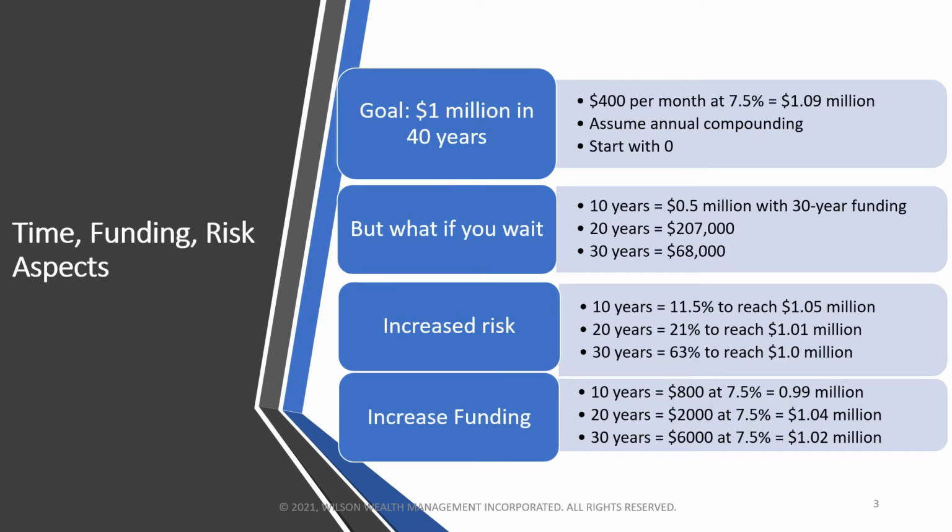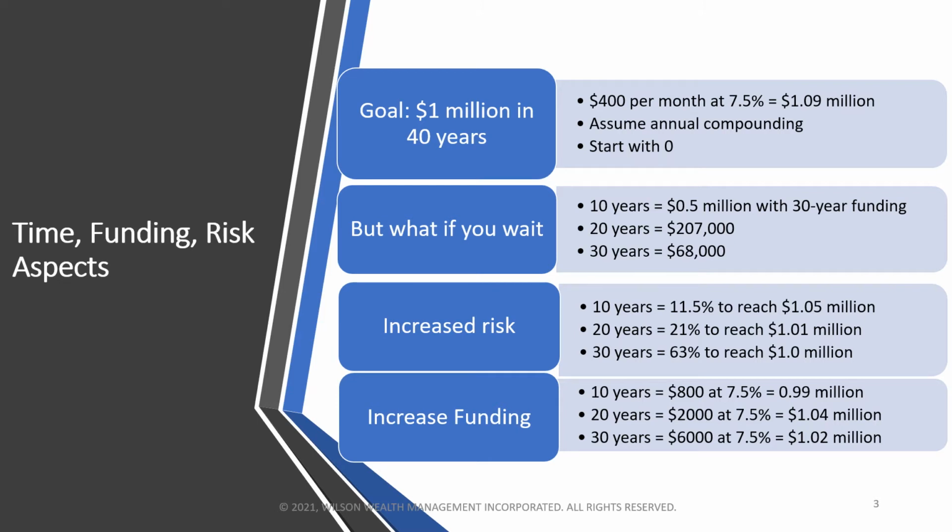Again, I pull up this slide that I did in the investor constraints section. So you can just sort of see visually the impact of time versus risk versus funding, and how if you delay or your time horizon shrinks, you either have to take on increased risk or you have to take on increased funding.